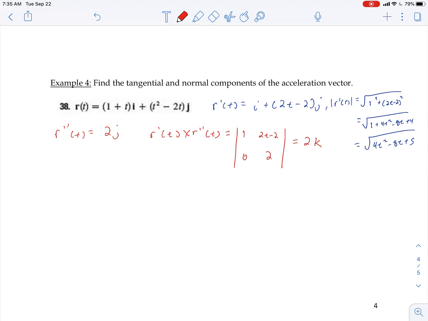Based off of all the information that I have, I'm going to do the tangential component. A sub t is going to be r prime of t dot r double prime of t, all over the magnitude of r prime of t.